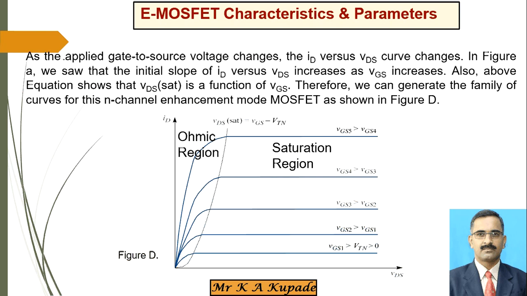As I said, as you are increasing the VGS in a positive direction, remember that for an N channel E MOSFET, you have to consider the positive gate voltage. So you are increasing that voltage from 0 towards the positive voltage. Remember that thing.